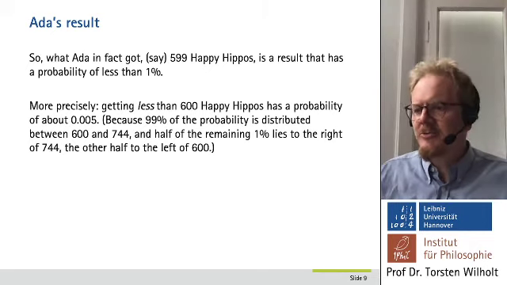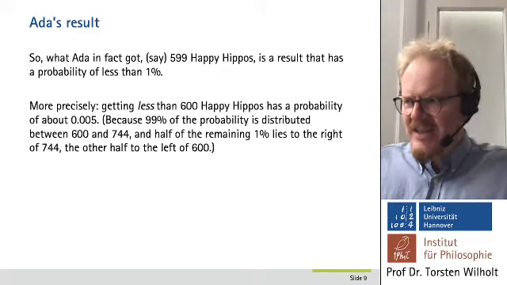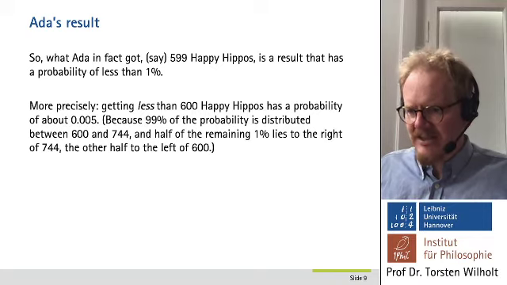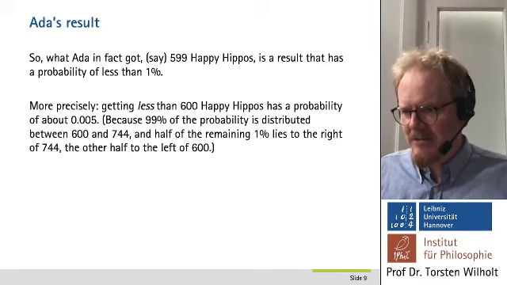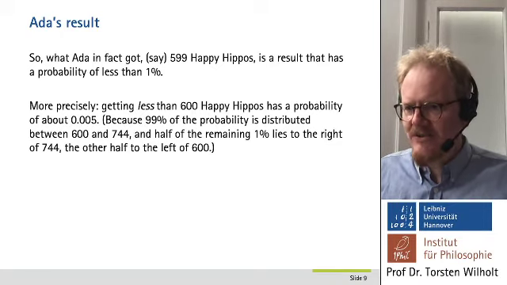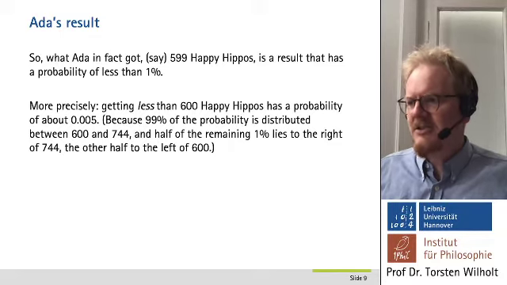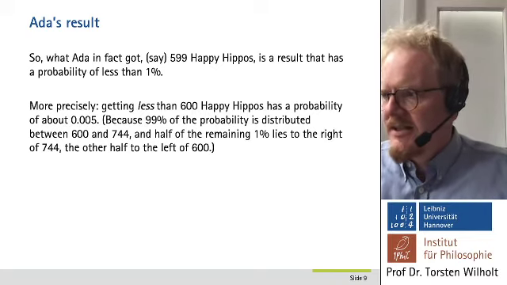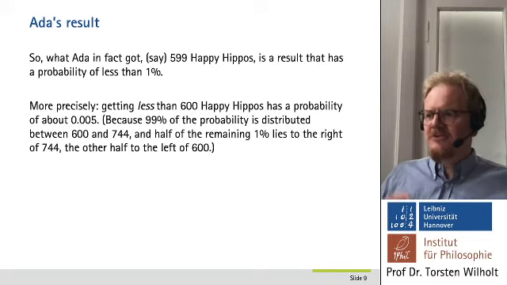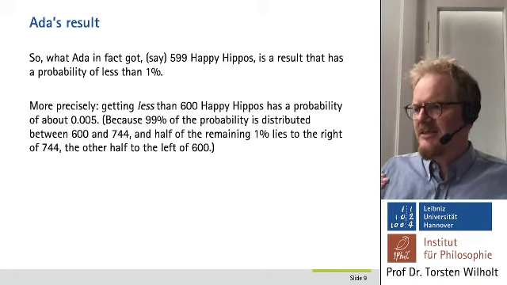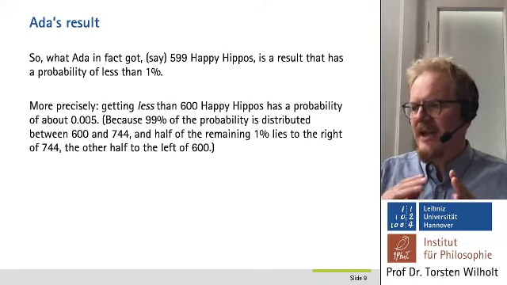And the idea here would be to conclude from this observation that either something is not right here, there isn't really one happy hippo in 1 out of 7 surprise eggs, or something very, very improbable just happened. And just to sum up the statistical relevance of Ada's observation this way.